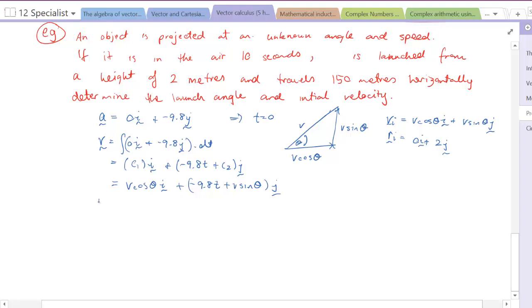Right, so the next step is we want to find our displacement vector. So we can say it's going to be the integral of the velocity vector with respect to time. And so that means we'll end up with v cos theta t plus c1 in the i direction and negative 4.9 t squared plus v sin theta t plus c2 in the j direction.